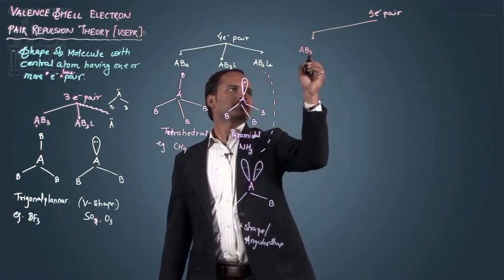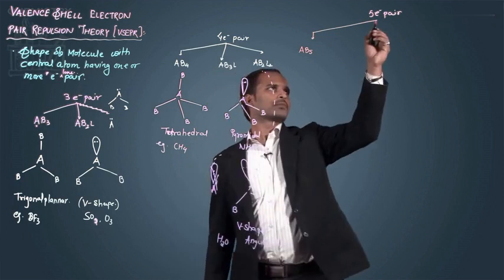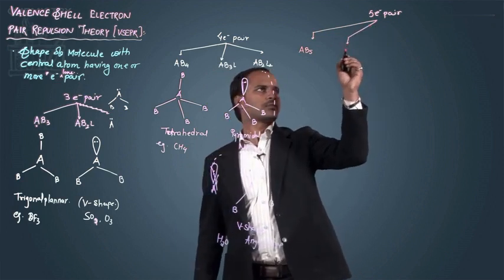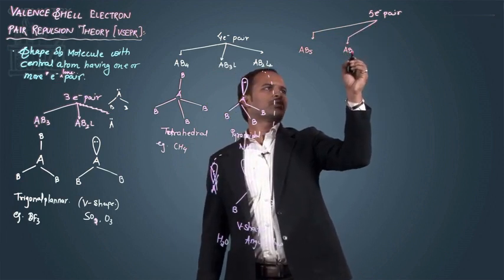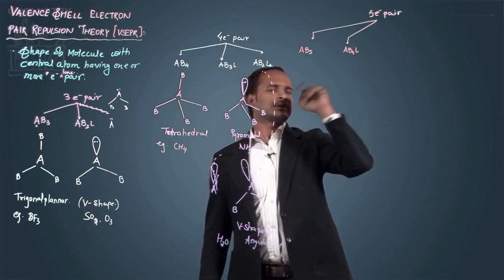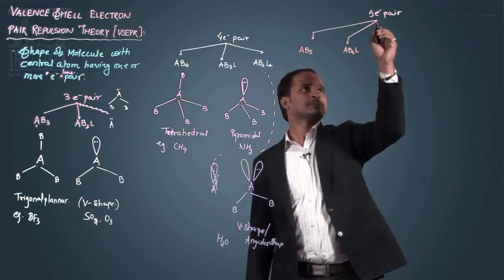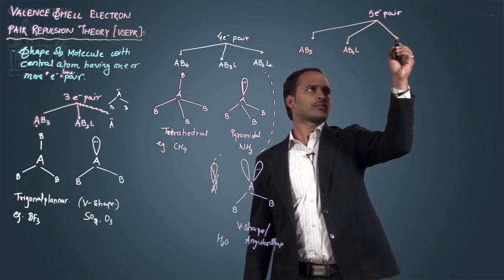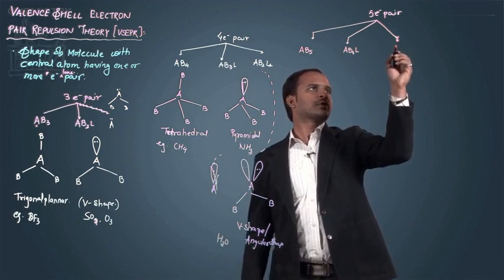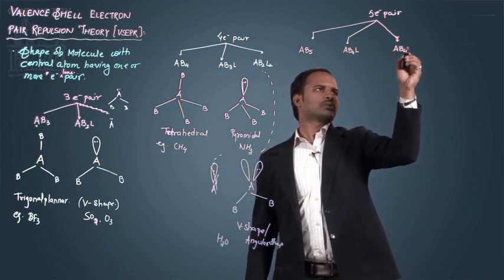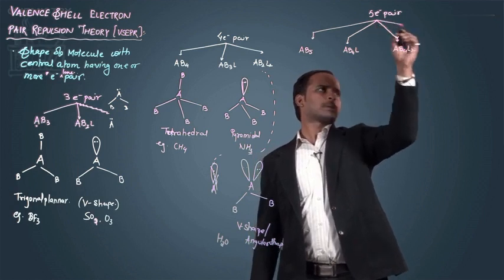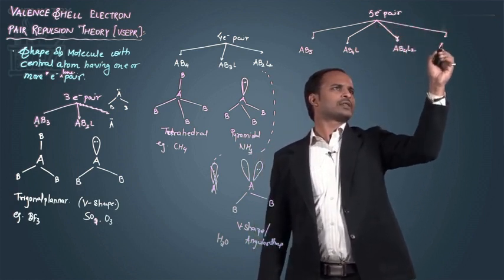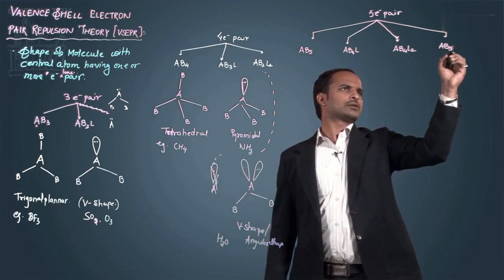AB5, then one lone pair of electrons, that is AB4L, then AB3L3.